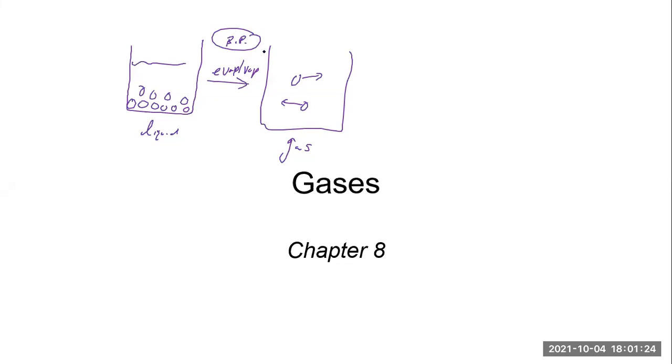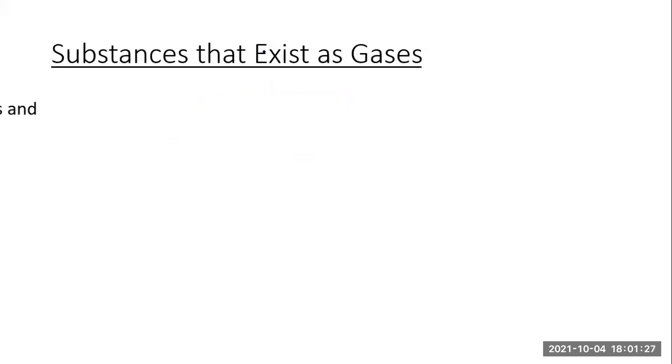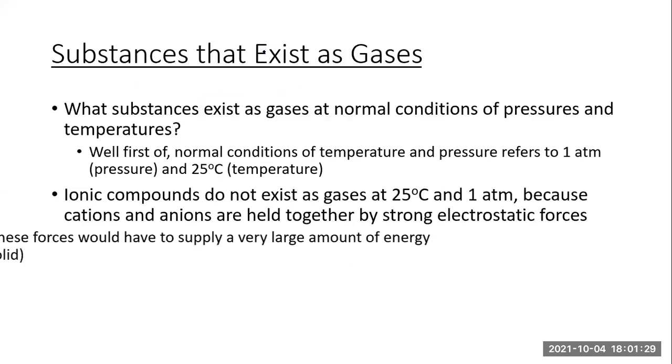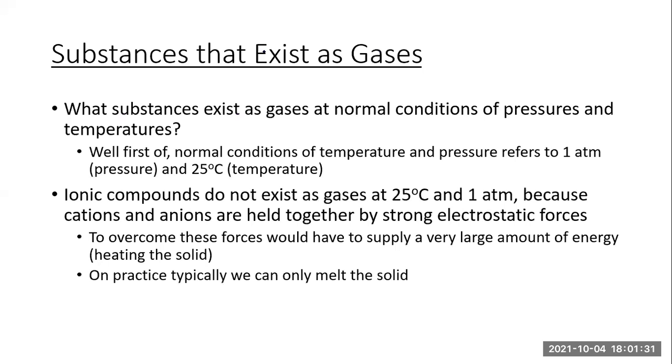So let us talk about really what substances sort of exist as gases under normal conditions. Under normal conditions, which is sort of everyday room temperature conditions, and that's a little bit different than what we'll talk about later in this chapter, that usually refers to your basic normal day conditions, the kind of conditions that, if you look up table values in a chemistry book, is 1 atmosphere, which is a unit of pressure.